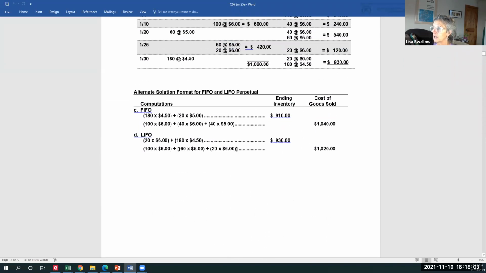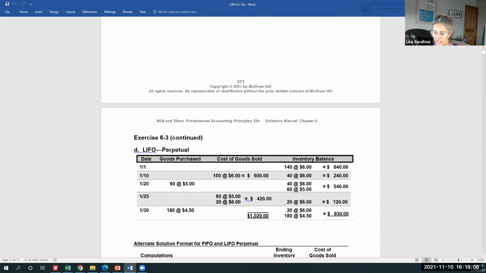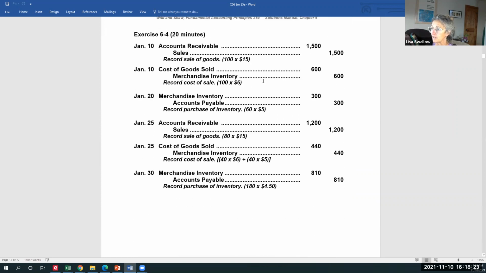and figure out with FIFO, I've already sold 100 of those first units up here, right? So there's 40 of those left at $6. And the next 20 come off at $5. So it's just, you've got to set up that chart.